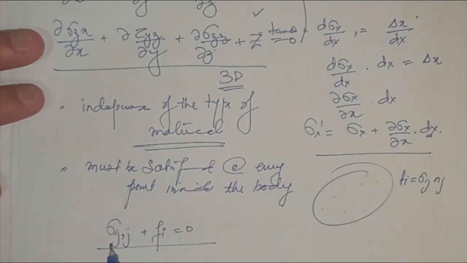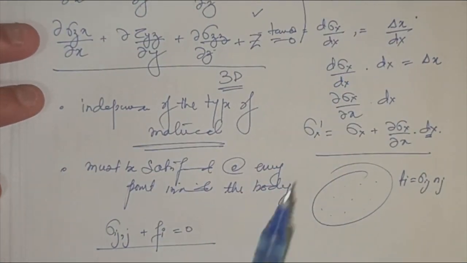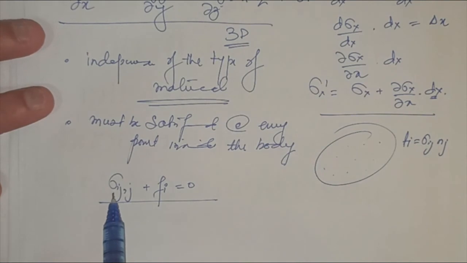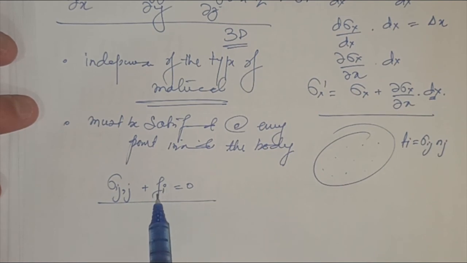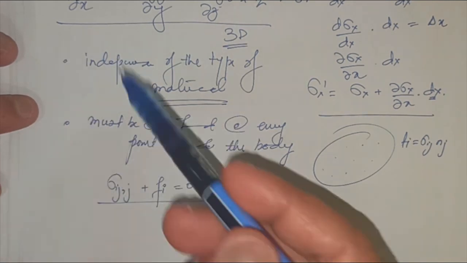So first index, normal direction. So what does this become? Del sigma xx by del x plus fi. For the case of x, fi becomes fx, so this becomes a body force in the x direction. For the other cases, the similar will happen.